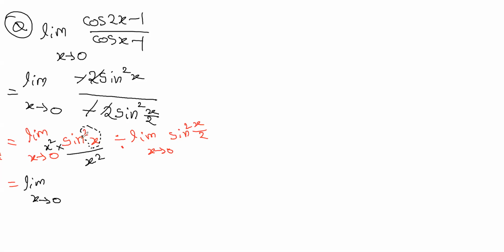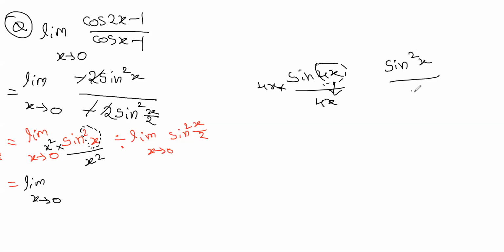If it is sin 4x, then you multiply with 4x and 4x. Whatever the angle, you multiply it over here. If it is sin square x, then you have to multiply by x square and x square, because in the angle it is x to the square.